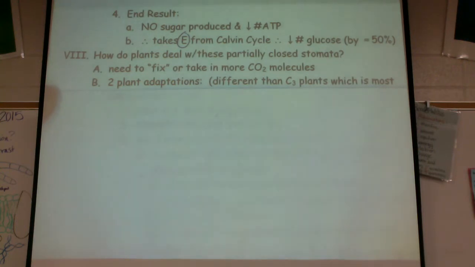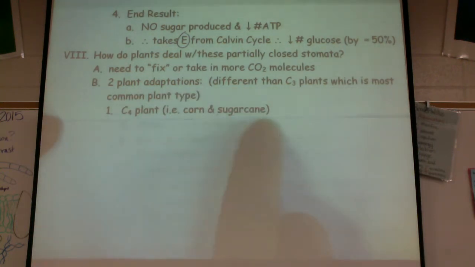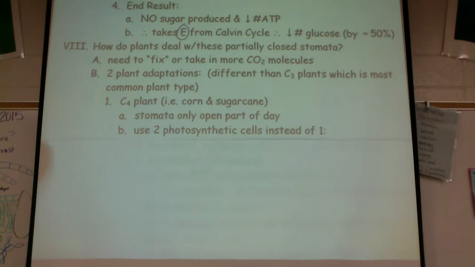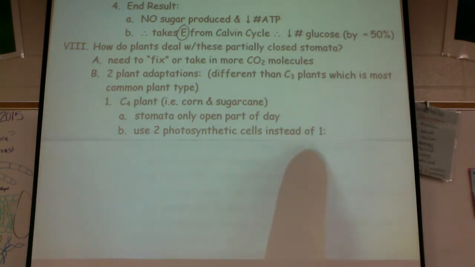You can do that by being a C4 plant. Sugarcane and corn are examples of that, right? So those stomata are only open part of the day. What that means is they're going to use more parts to get the job done, which is less efficient, but they can do it with their stomata open less.